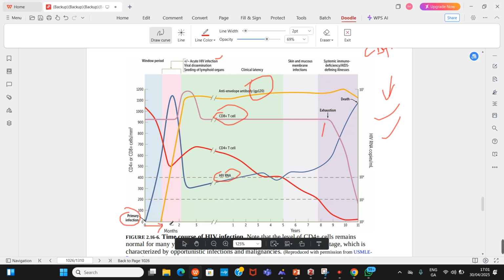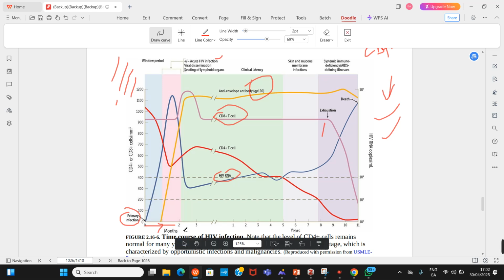That is not the time that we are going to be seeing somebody having esophageal candidiasis or PCP. That's just an acute response to the HIV infection. That's when the person is going to be having the sore throat, the fever, something that looks like infectious mononucleosis, the lymphadenopathy, the fatigue, the oral ulcers. That can happen within the first 2 weeks to 1 month of infection.